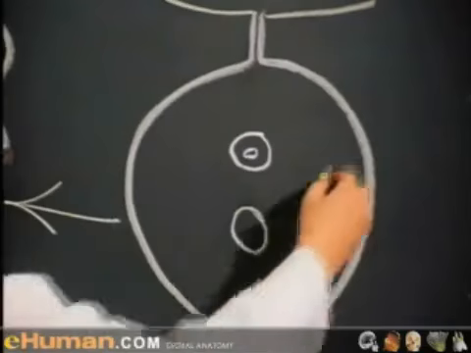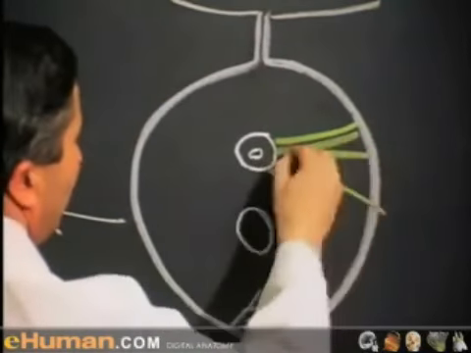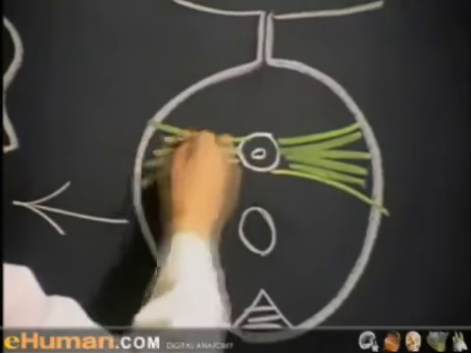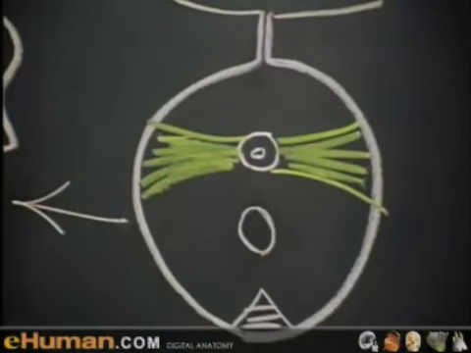For example, coming in from the side, we have a thickening known as the transverse cervical ligament. Used to be called Mackenrod's ligament.